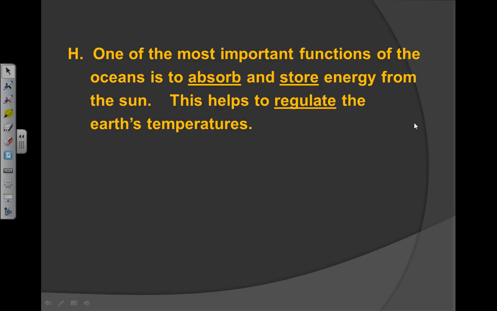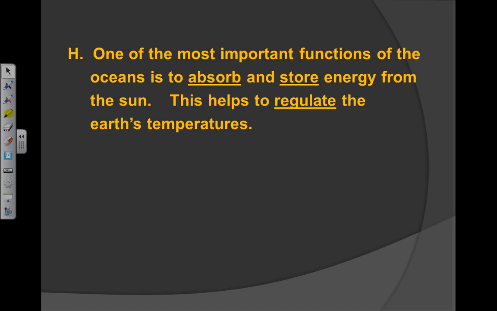One of the most important functions of the oceans is to absorb and store energy from the sun. Water has the ability to absorb lots of heat before its temperature starts going up. It takes a lot of heat for water's temperature to go up 1 degree, more than any other substance. So it has the ability to absorb lots and lots more energy than the land does before its temperature rises.